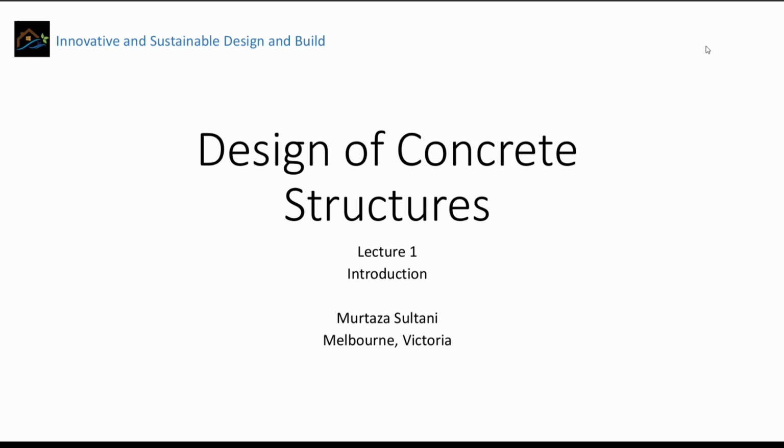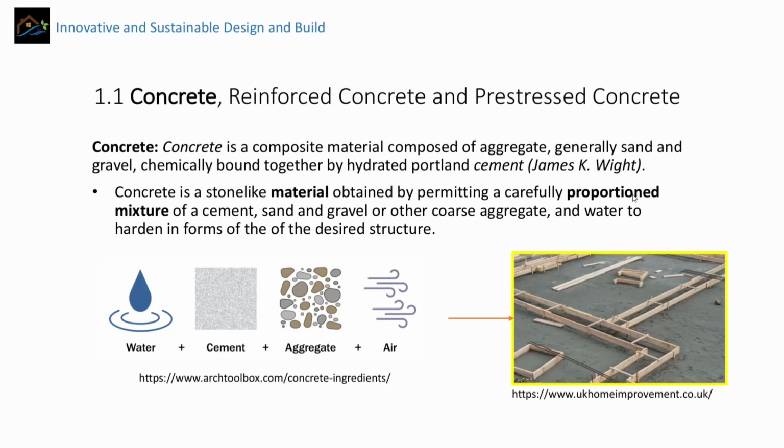We are going to start the first lecture, and the first lecture today is an introduction. So basically, the first topic is concrete, reinforced concrete, and pre-stressed concrete. The question is, what is concrete? Basically, everyone is familiar with concrete, and concrete is a construction material, basically a composite material.